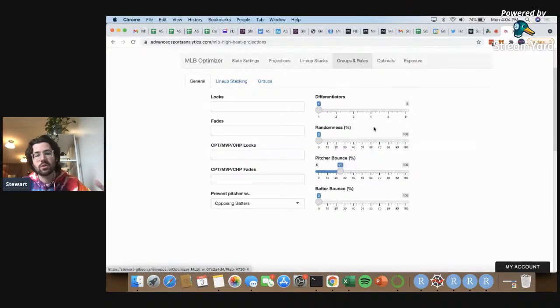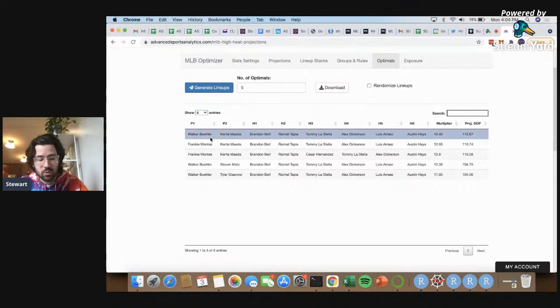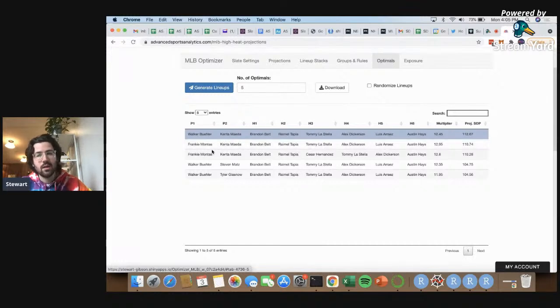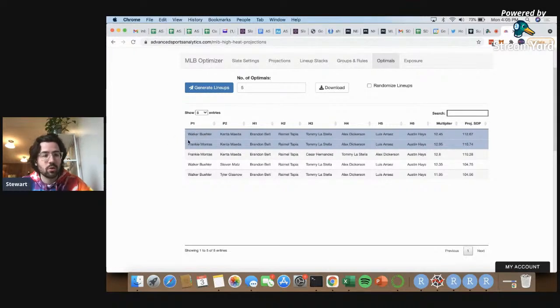What bounce does is say, all right, we are rostering Buehler and Maeda and all these other 6 hitters in the lineup. We'll just talk about pitchers in the first lineup. In subsequent builds, reduce their projection by 25% and build the next best lineup with those reduced projections. Then the next best lineup, 75%. 75% Kenta Maeda is still one of the top 2 pitchers in our player pool, but 75% Buehler isn't better than 100% Montas. So we're going to take Montas over Buehler.